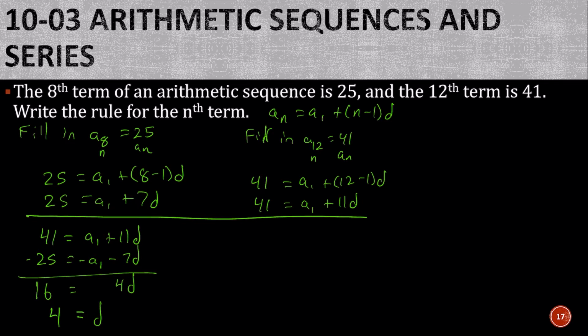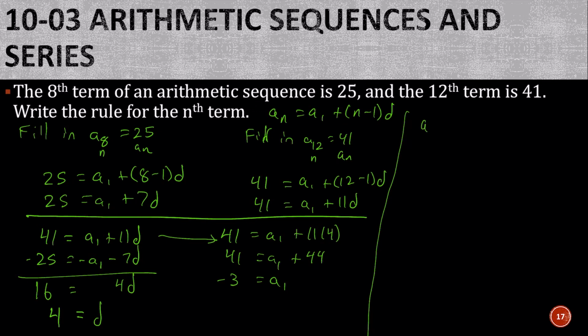Then I plug that into one of my equations. Let's plug it into, I don't know, the 41. It's a_1 plus 11 times d, but d was 4. So subtract the 44, and a_1 is negative 3. So now, go back to our original equation, a_n equals a_1 plus n minus 1 times d.